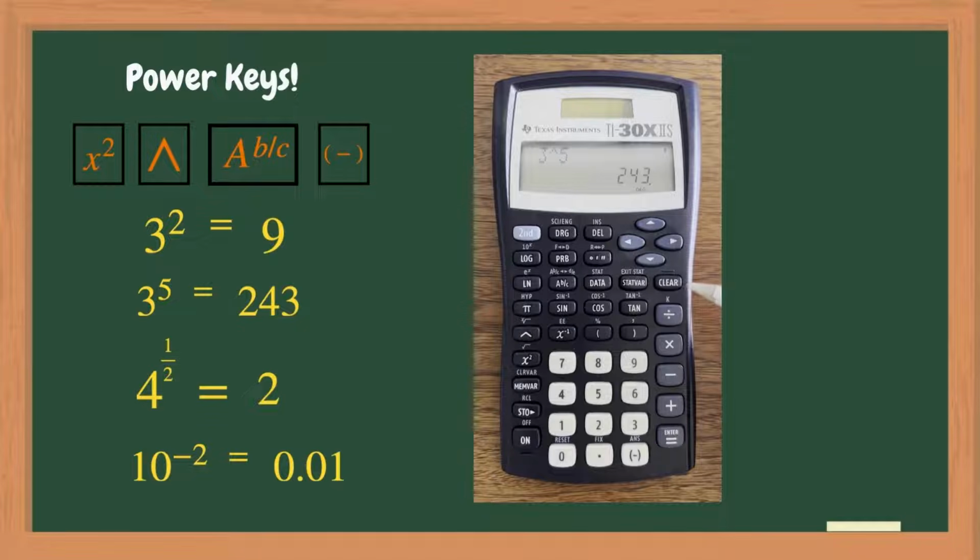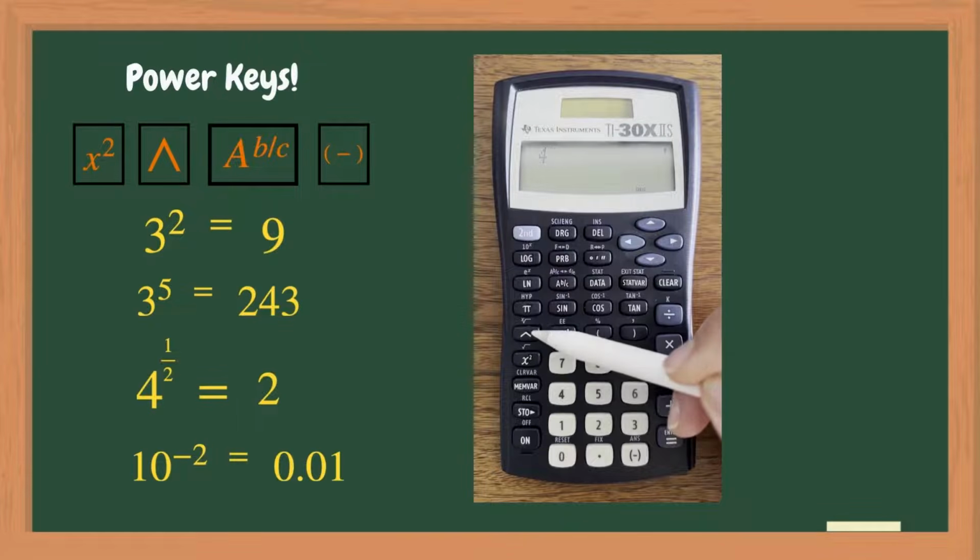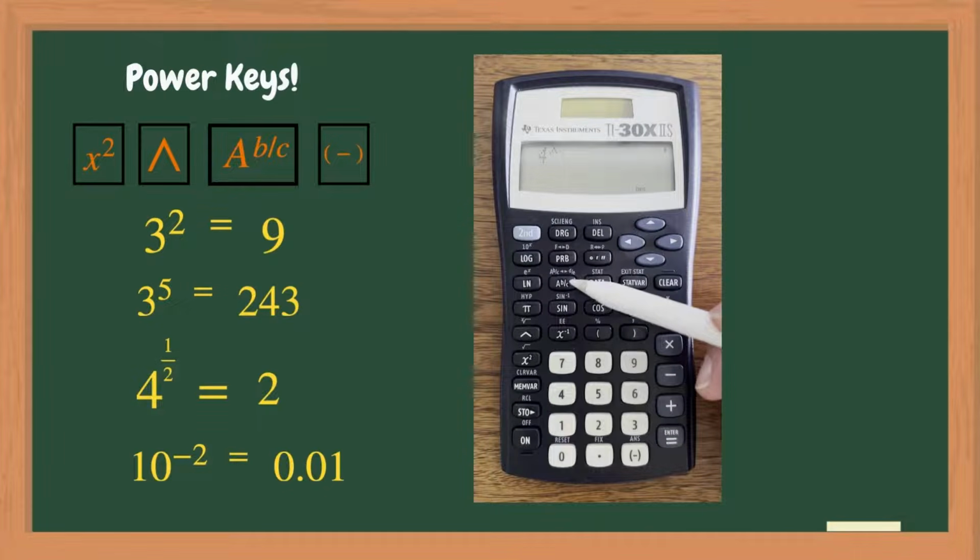Isn't this easy? Now we're going to do another one that looks kind of challenging. I have a power that is 4 to the 1/2. I'm going to clear this, and again, your base always goes in first. So I put my 4 in, and I don't have an exponent of 2, so I need to go up here to my caret button because my exponent is something other than a 2. But now my exponent is a fraction of 1/2. So I'm going to use this fraction button to help me create that fraction.